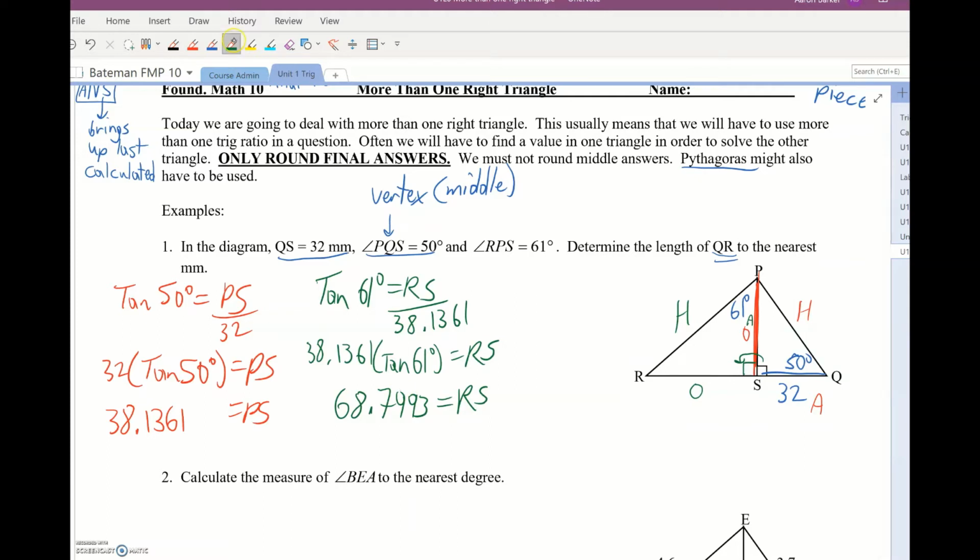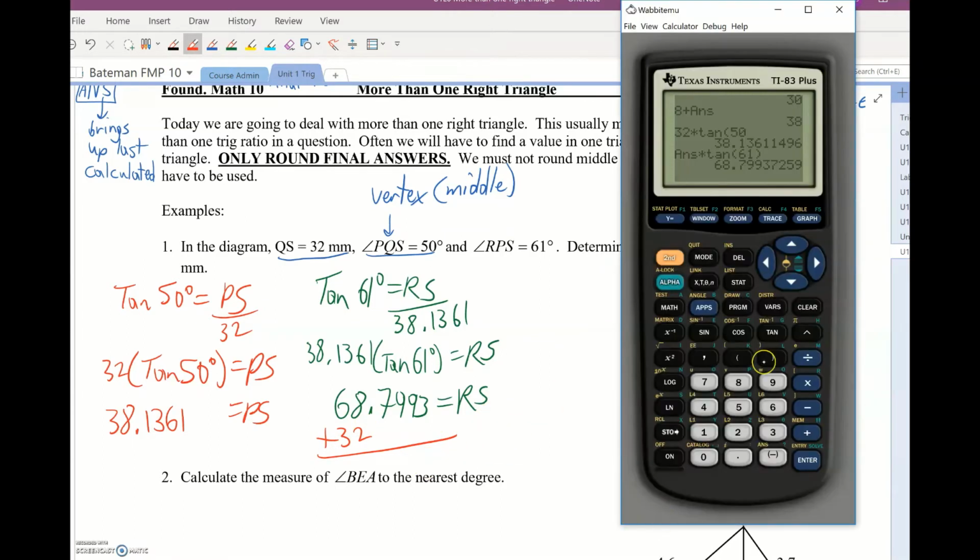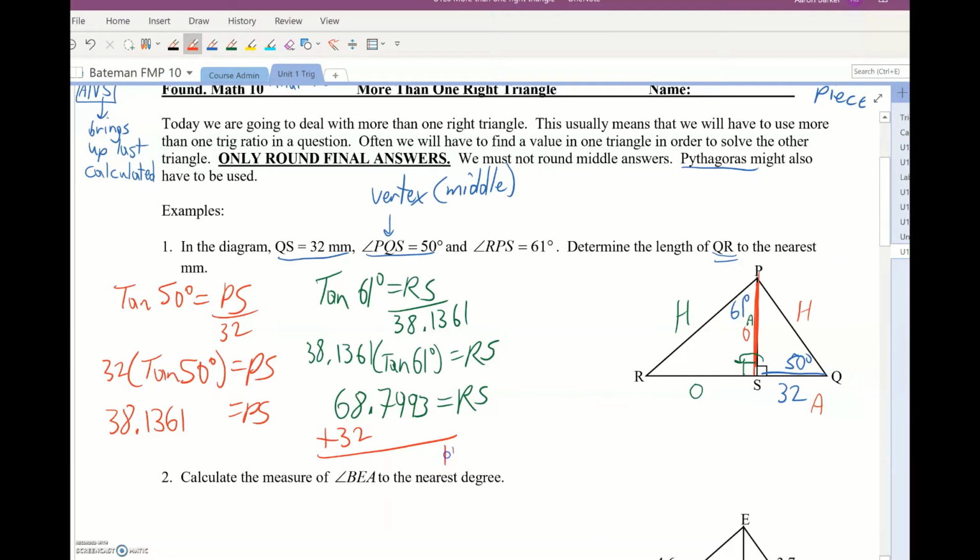So then what I'm going to do is I'm going to add plus 32, right? And add that up. And so what does that equal? I'm not going to add minus anything. I'm just going to go plus 32. 100.799, so I round it to 100.8.